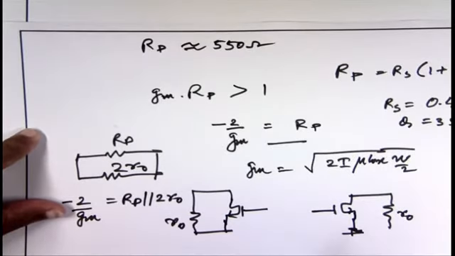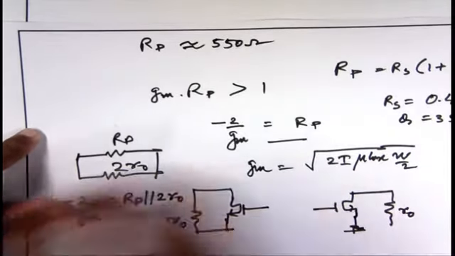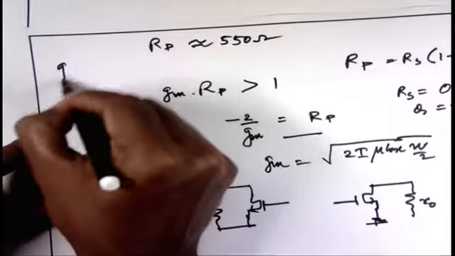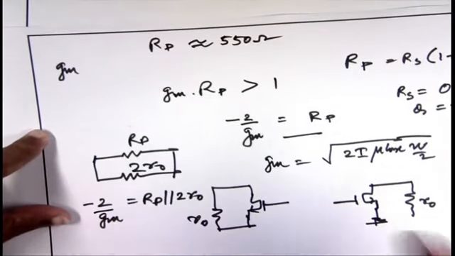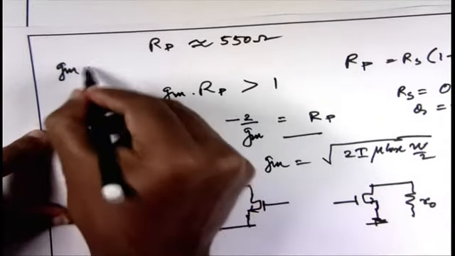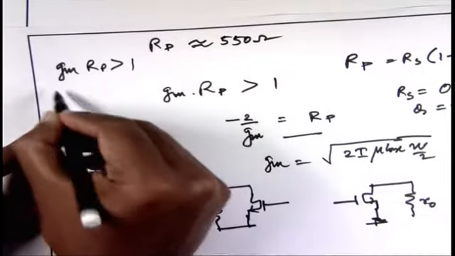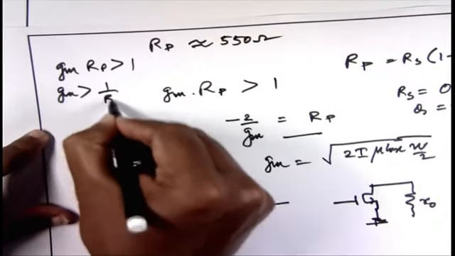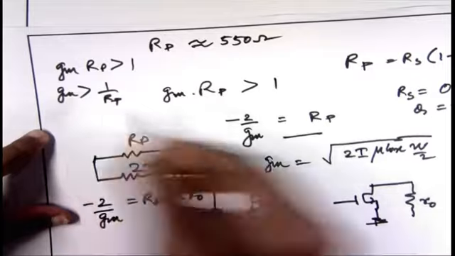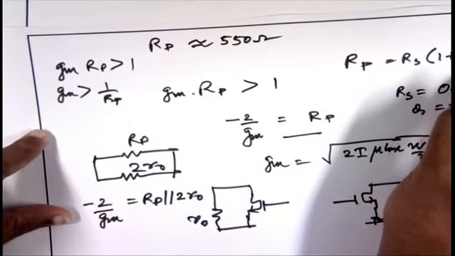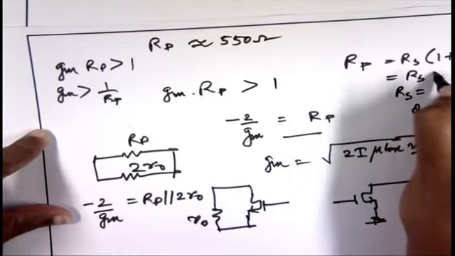Okay? So the problem here is GM. If I again consider the assumption that GM RP should be greater than 1, that means GM should be greater than 1 by RP, and this RP depends on RS into 1 plus Q square. Approximately this is RS Q square.